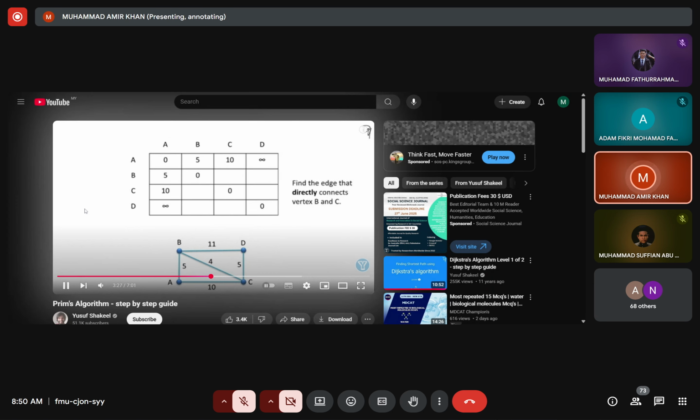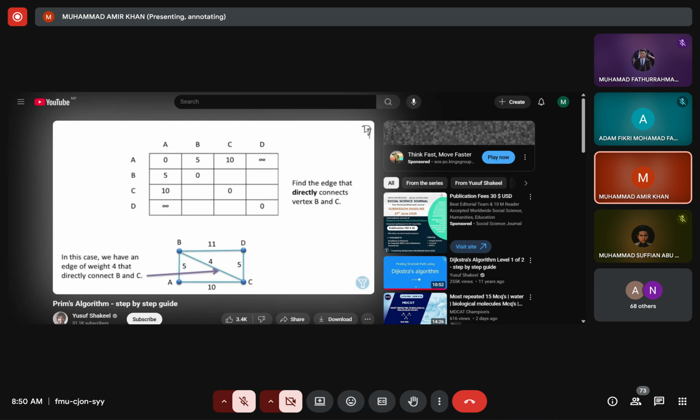So BC and CB will be 4. So we write 4 in them. Okay. Then BD is 11. So BD and DB are 11.